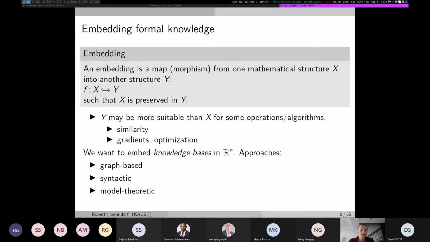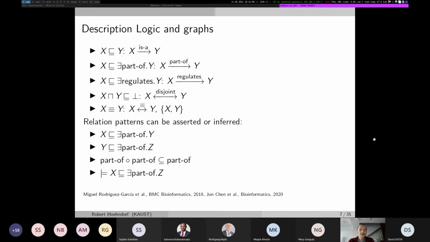The first one, graph-based approaches, many of you will be familiar with knowledge graph embeddings. And the key question is, how can we take an ontology, a description logic or OWL ontology, and convert it into a graph?